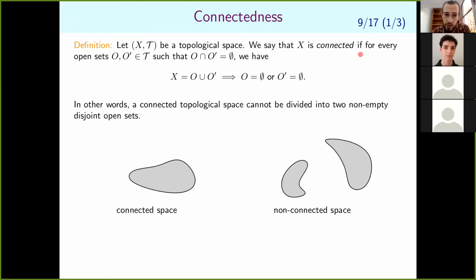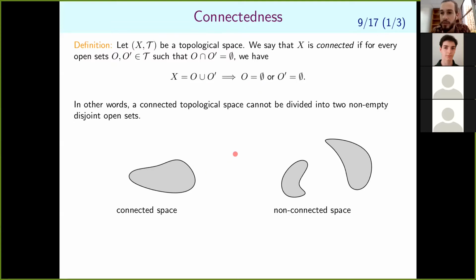I say that X, this topological space, is connected if the following property is true. If I take two open sets, O and O prime of X, such that they do not intersect, they have a trivial intersection, and such that they cover the whole space, then we must have that one of them is the empty set.